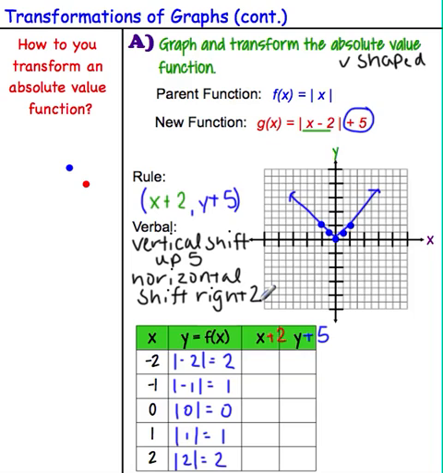So that's what I'm going to be looking for when I say rule and verbal or transformation in your assignment that you will have to work on in class tomorrow.